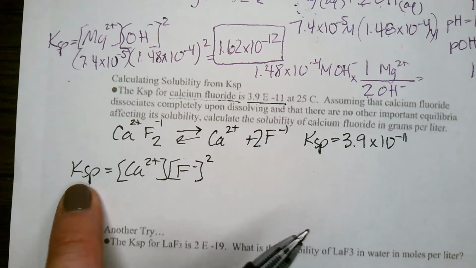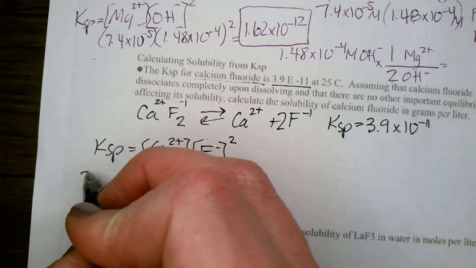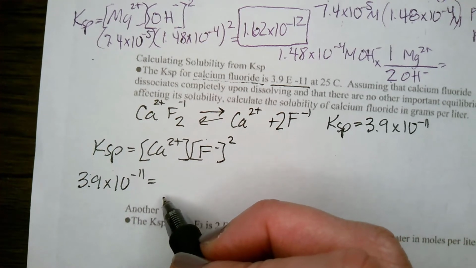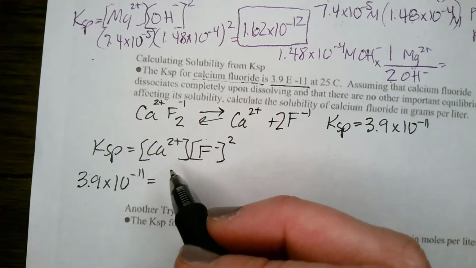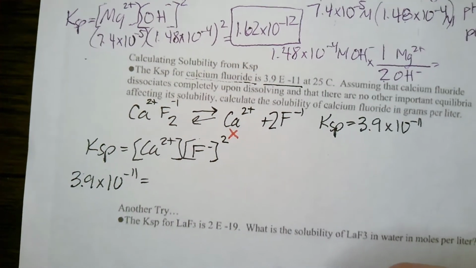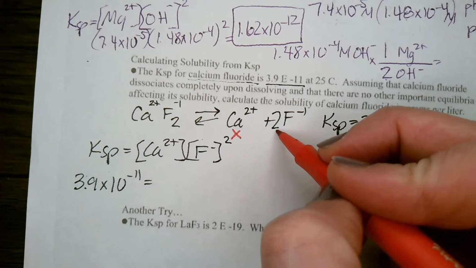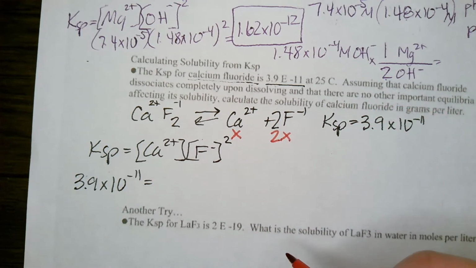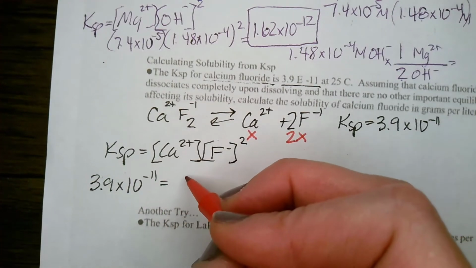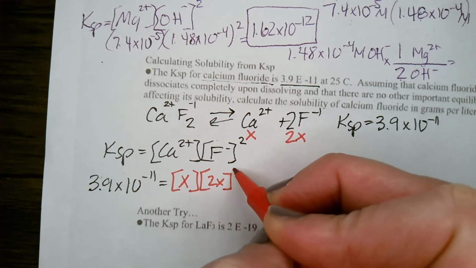If I were to take it one step further, we could plug in right here, 3.9 times 10 to the negative 11th is equal to, now, I don't know what the concentration of my calcium 2 plus is, but what if I said our calcium 2 plus is going to be equal to x, and my fluoride is going to be equal to 2x. So let's plug that in down here. We can say this is equal to x times 2x squared.